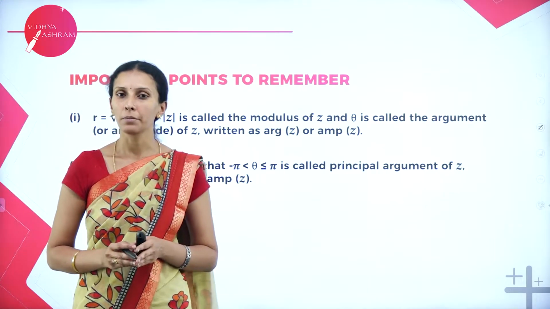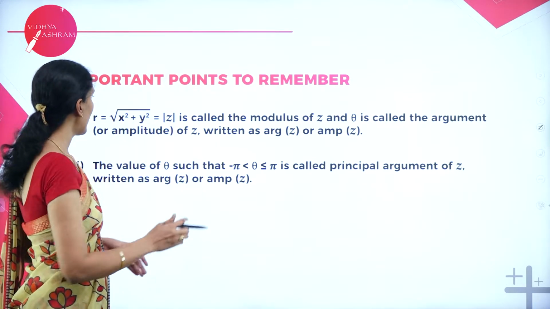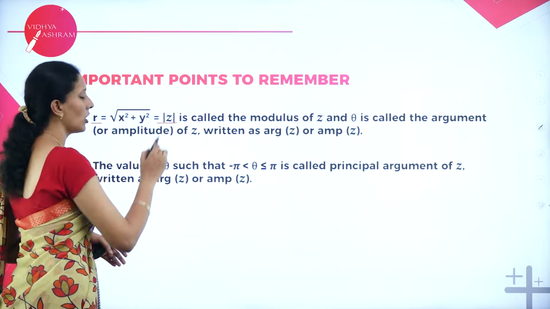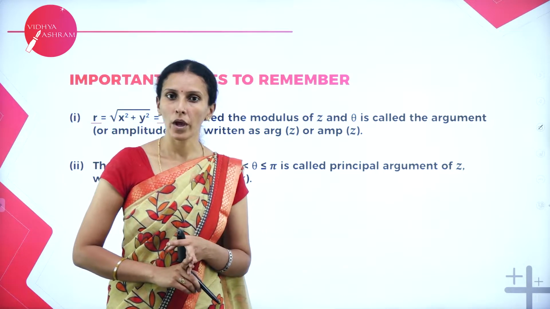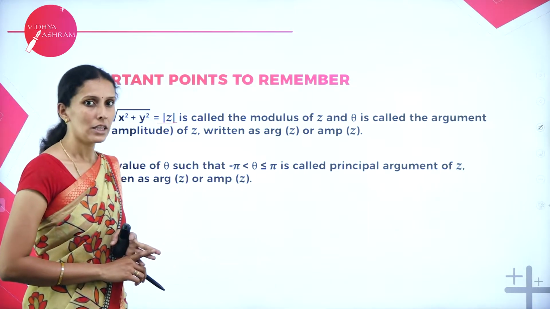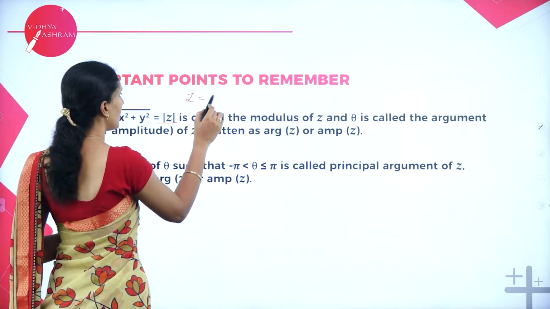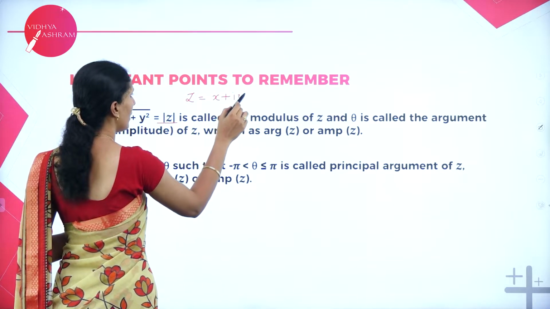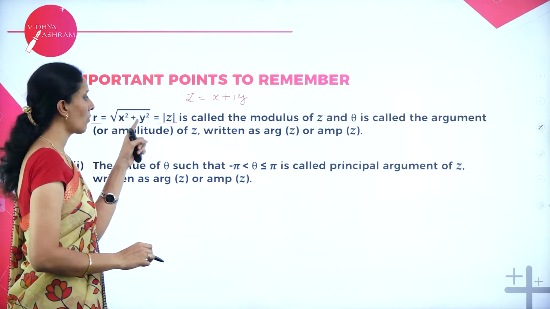We have certain important points to remember while studying polar coordinates. As I said, r is nothing but the modulus of z. How will you get the modulus of z? Any complex number in the form x plus iy has modulus equal to the square root of x square plus y square.